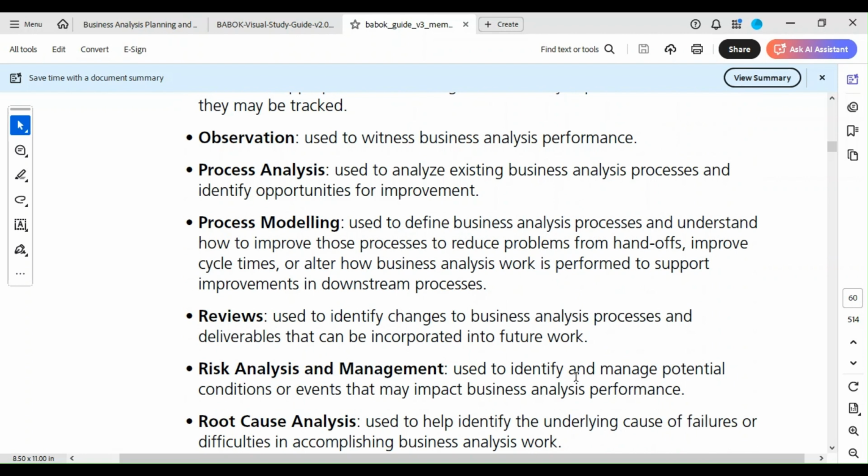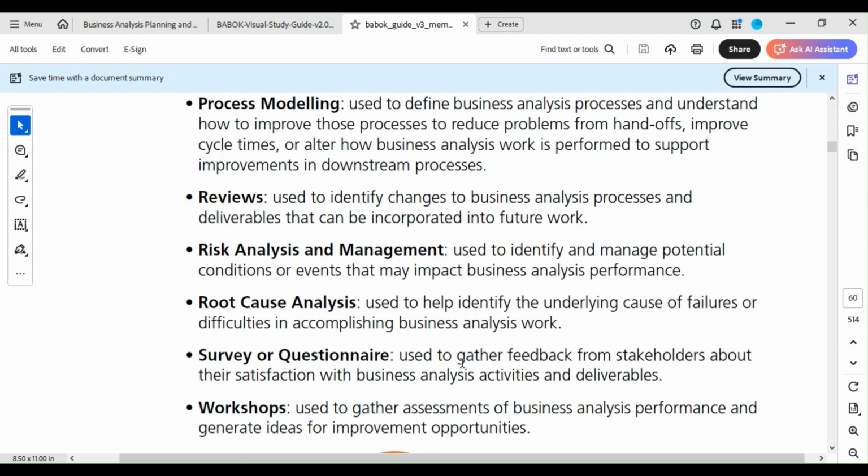So process modeling is used to define business analysis process and understand how to improve those processes to reduce problems from hand-offs, improve cycle times, or alter how business analysis work is performed to support improvement in downstream processes.